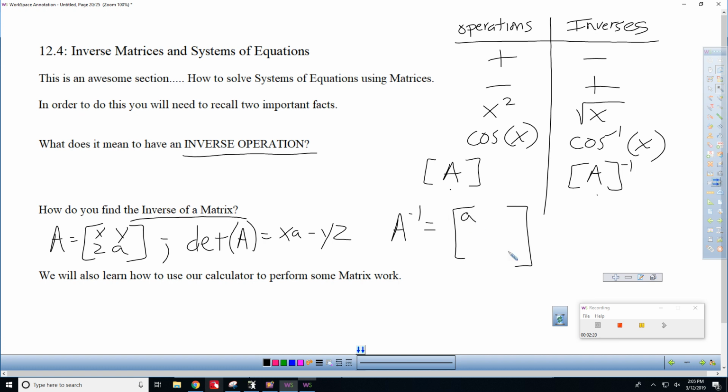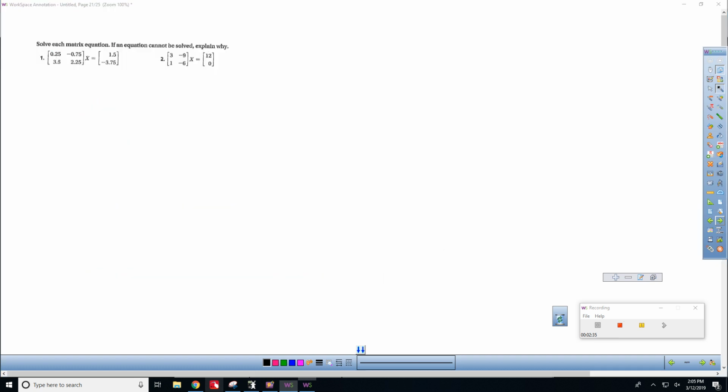So W goes here, X goes here. You do the opposite sign to these and leave them where they are, but you have to multiply it by 1 over the determinant. Okay? We're also going to show you how to use your calculator for some of this, especially the 3x3 stuff.